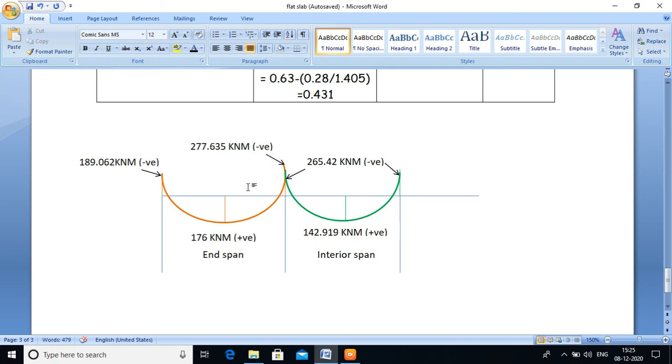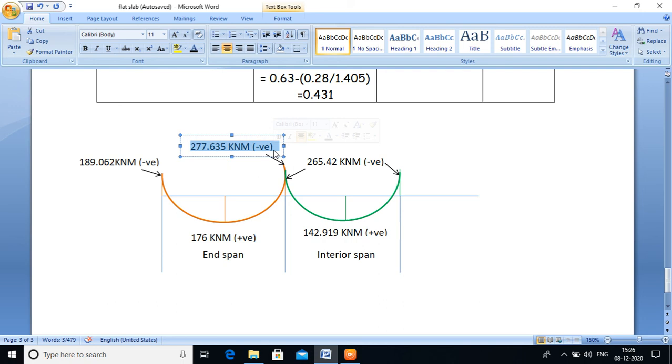We will calculate the value of P for 277.635 kilonewton meter irrespective of its sign. The sign indicates where we need to provide the tendons. So the negative and positive signs give us the position where there is actually a necessity of the reinforcement or the cables.